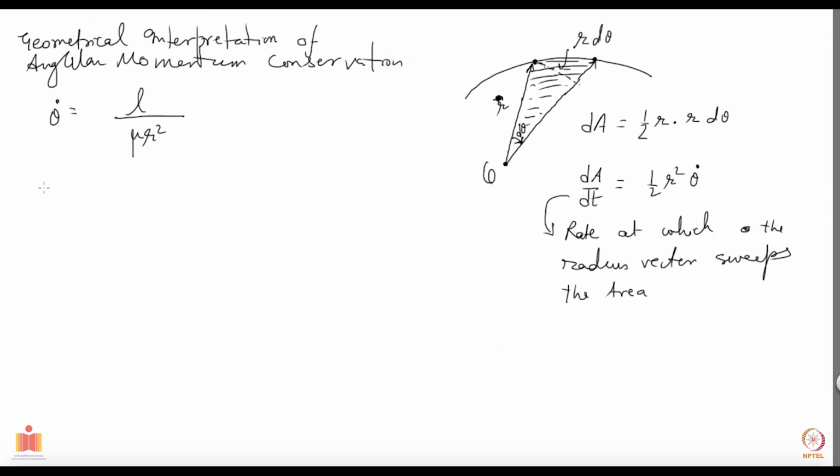If I substitute in dA over dt, I get half r square, and theta dot is L over mu r square, and the r dependence cancels, and you have half L over mu, which is a constant.